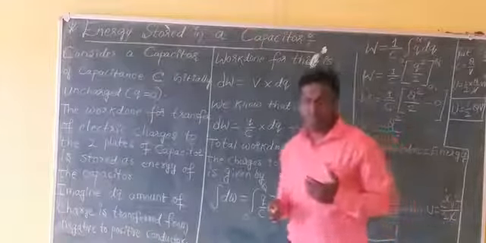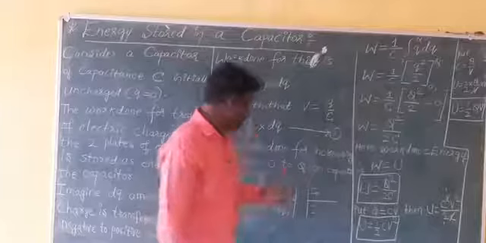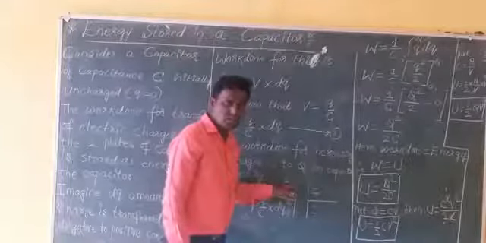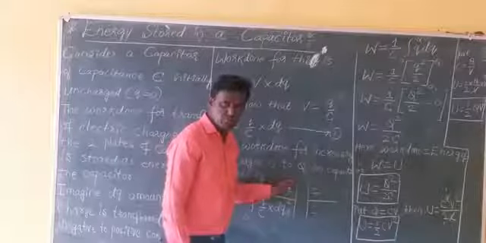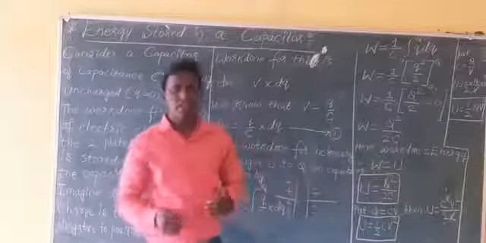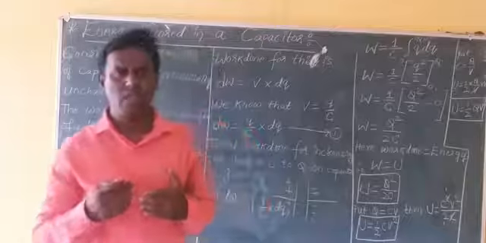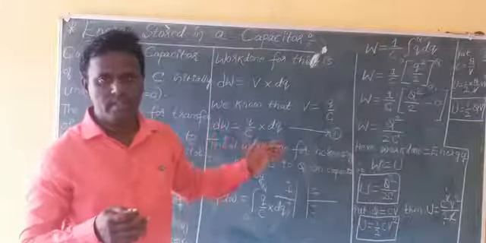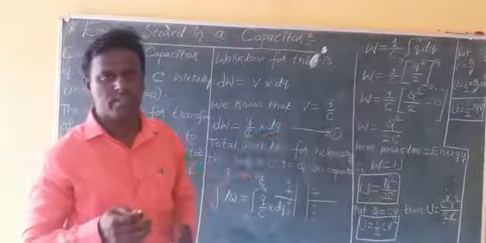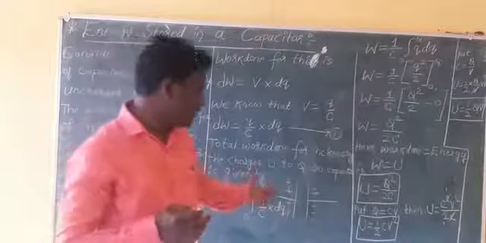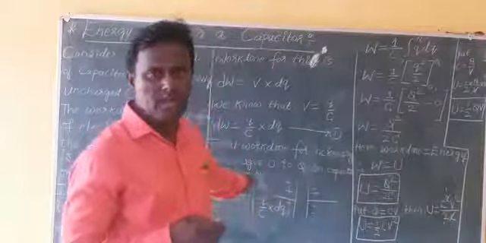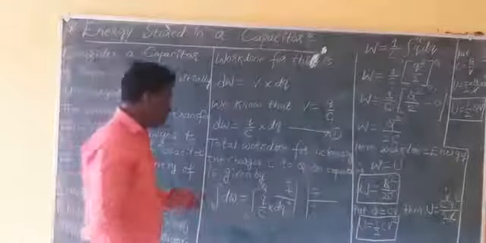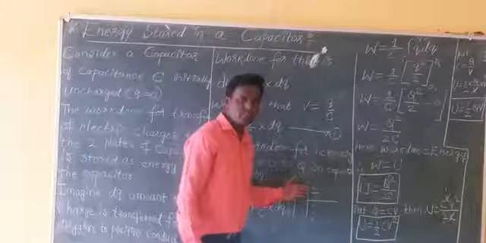A plate will have both positive and negative charges. If 10 positive charges and 5 negative charges are there, because of the highest positive charges, that plate is called the positive plate, and 10 negative charges and 5 positive charges means the negative plate.